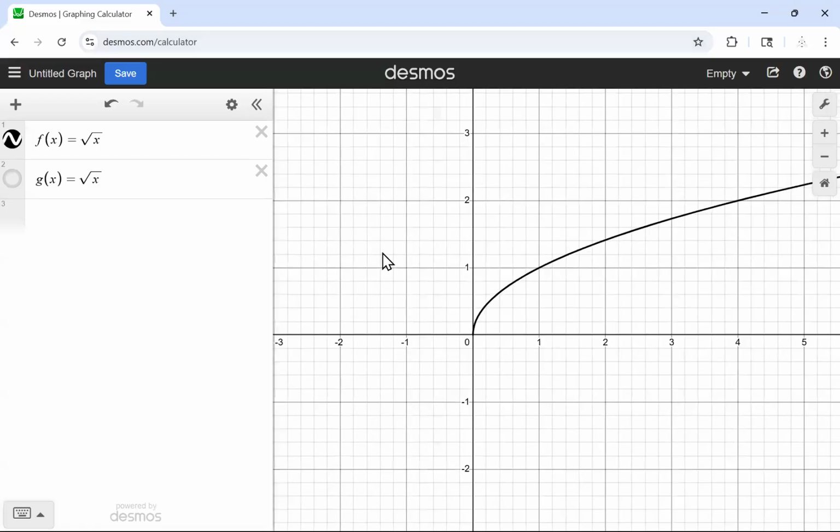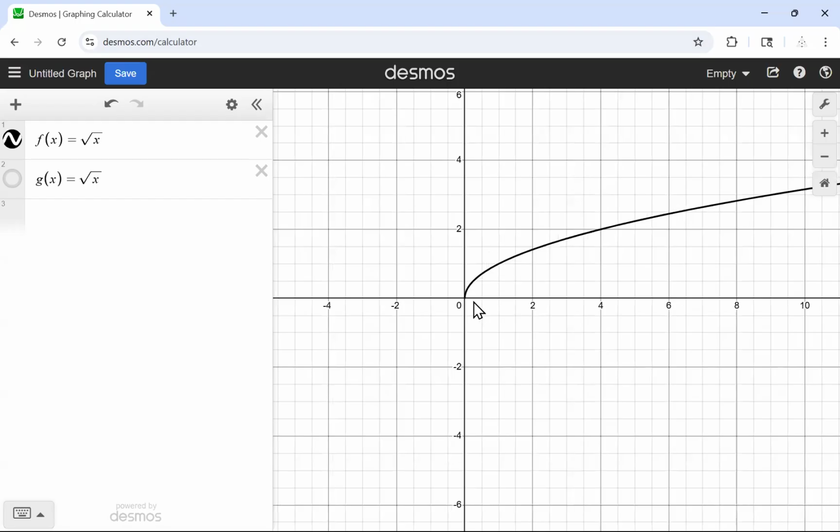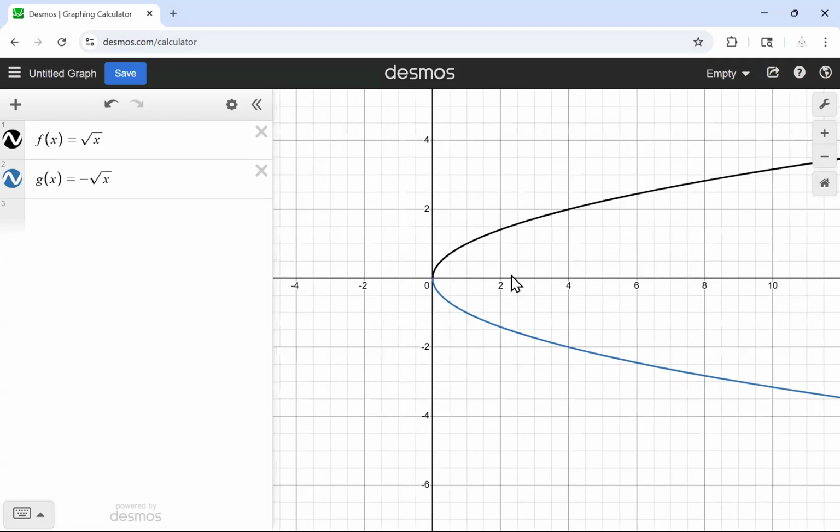Let's take the square root function and see how it looks with this flipping across the axes. So if I put a negative in front of my square root of x, I take negative square root of x, it's going to take my original square root, which was here in the black, and it's going to flip it across the x-axis.